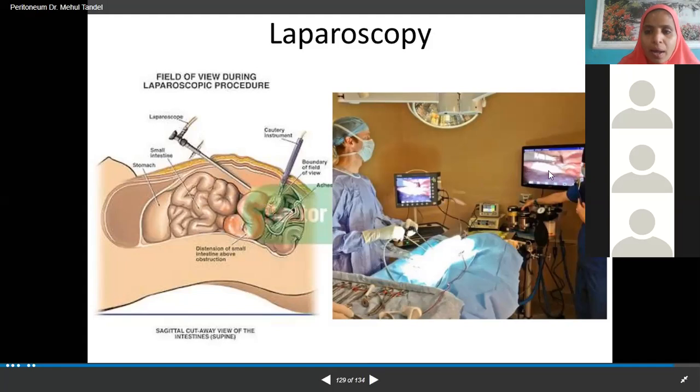You explore the abdomen in your system through this camera, check where exactly the infection is, insert a cautery instrument exactly where you're supposed to, do the surgery, and remove whatever infection is there inside. That is laparoscopy. Through a small laparoscopic camera, you are exploring the abdomen and performing the surgery.